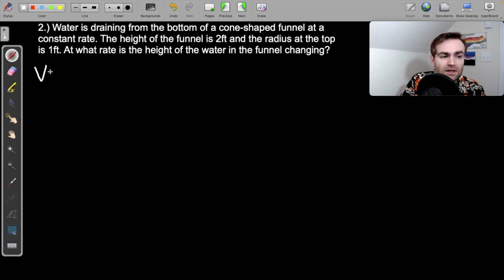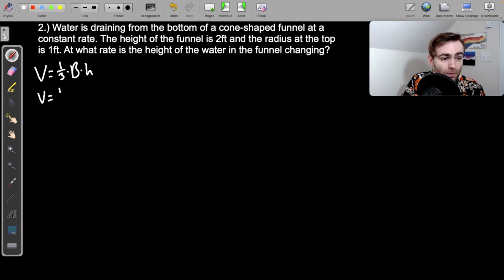The volume of a cone or any pyramid is 1/3 times the base area times the height. So 1/3 times big B times h. We can write that in a different way for specifically a cone, because the base area of a cone would be pi r squared.